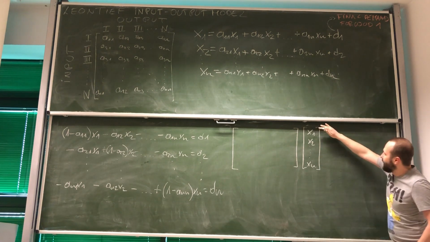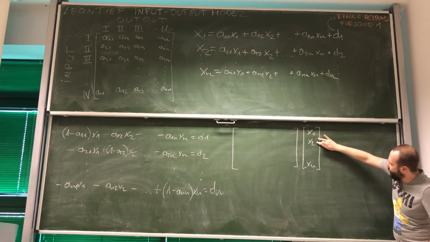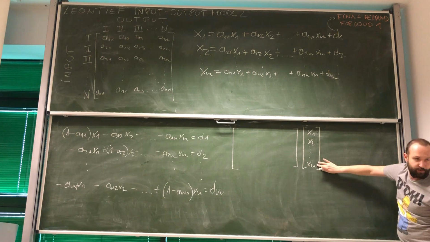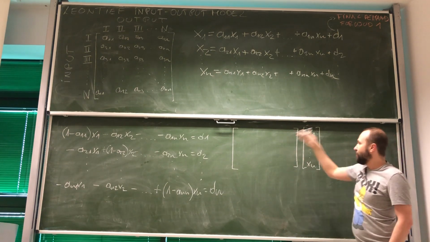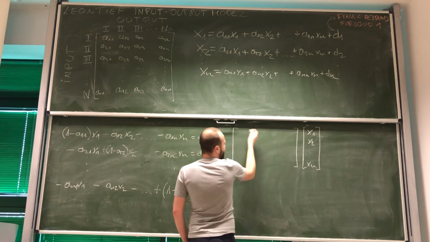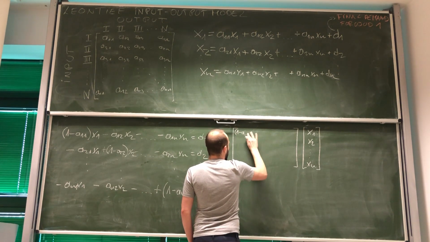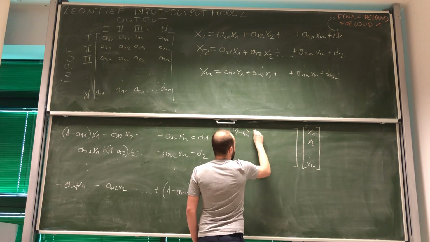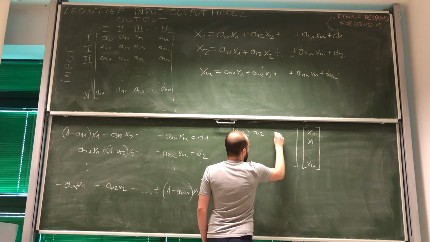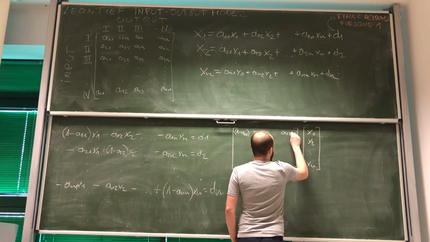They denote the level of production of good 1, level of production of good 2, until level of production of good n. And what do we put inside? First row will be 1 minus a11, then negative a12, until negative a1n.